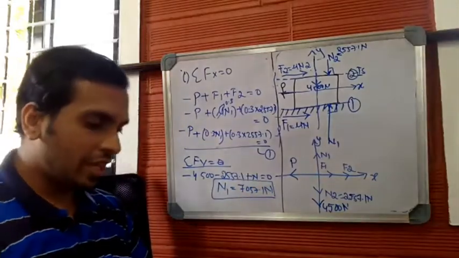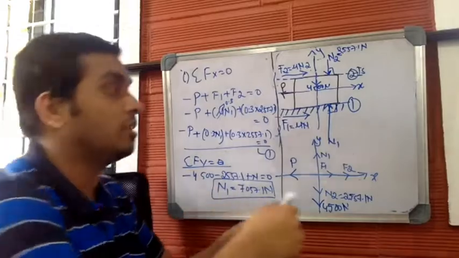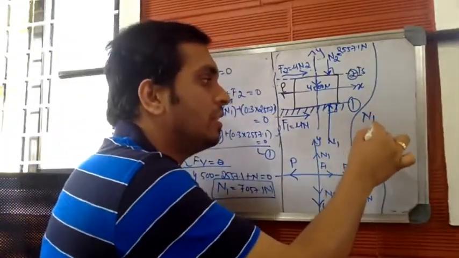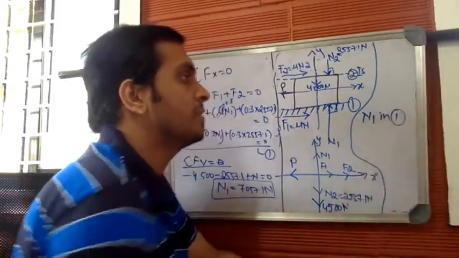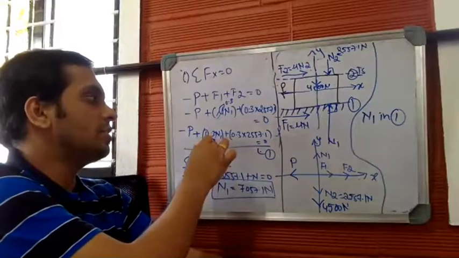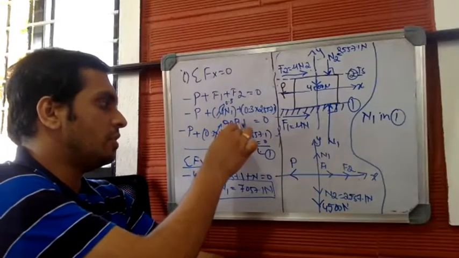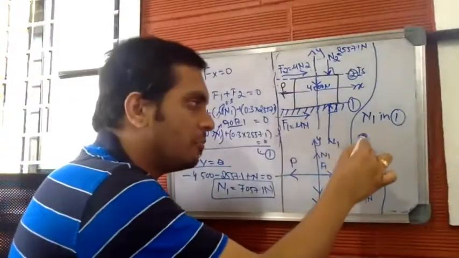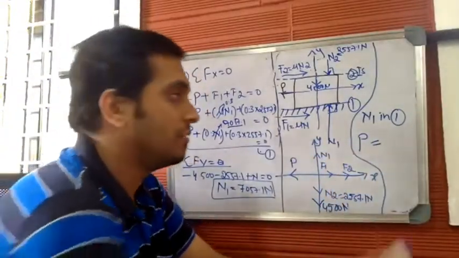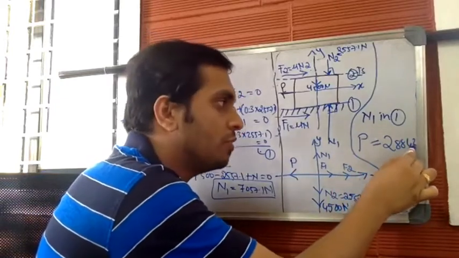Once we get the value of N1, we have to substitute it in equation 1 to get the value of P. Substituting 7,057.1, finally the value of P will be 2,884.2 newtons.